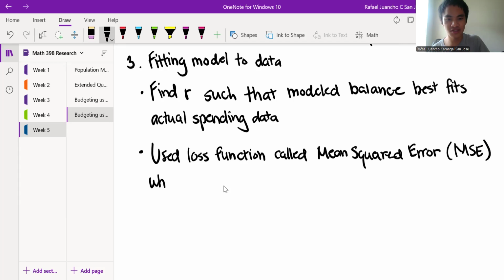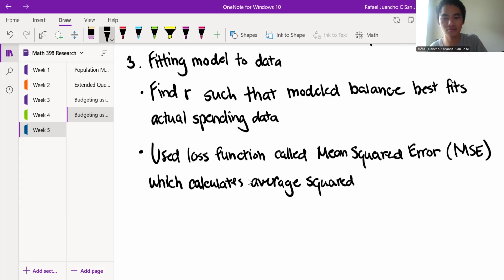The purpose of this is, here's how I fit the model to the data basically. And this is something I'm having an issue with. What this loss function does is it calculates the average squared difference between the predicted and actual values.